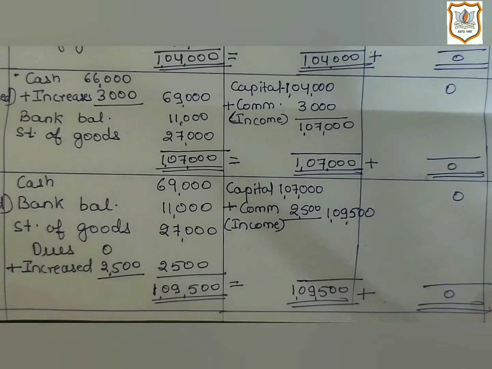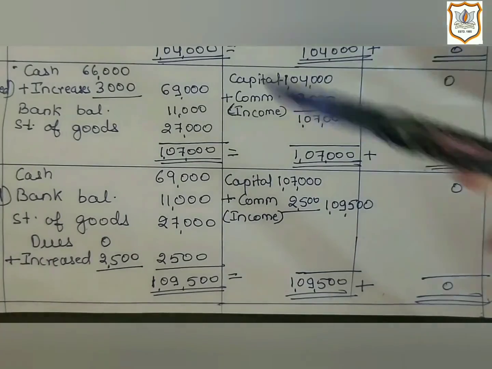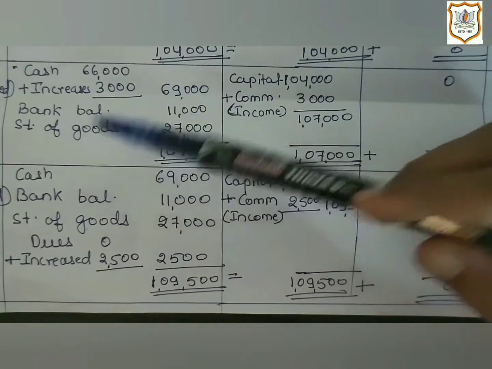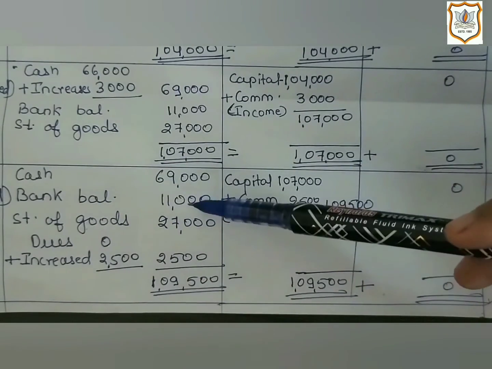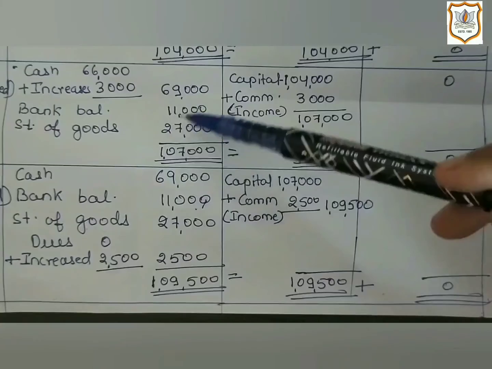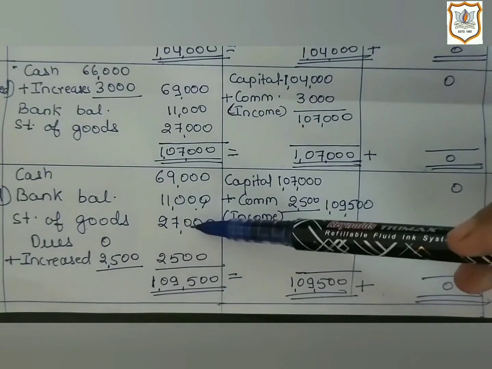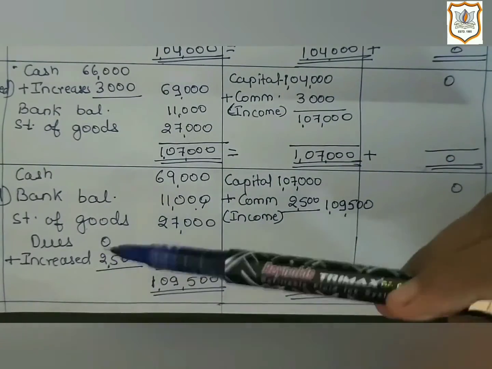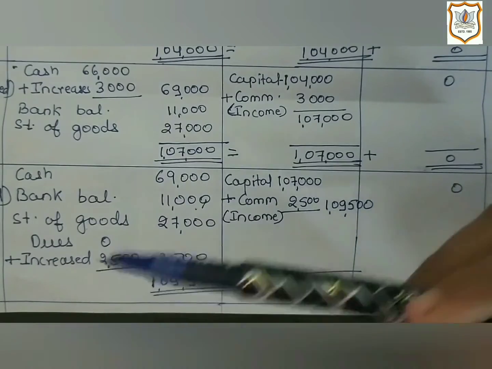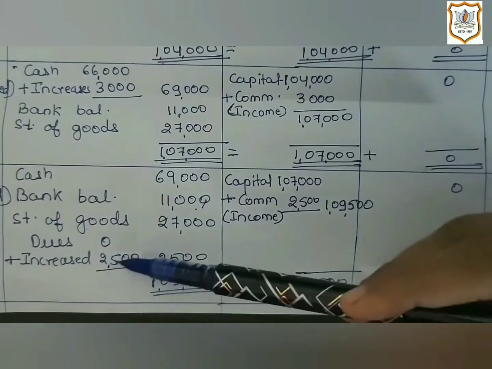Outstanding commission means commission is yet to be received. So receivable income is our asset. So here cash will remain the same at 69,000. Bank balance would remain the same at 11,000 as it was earlier. Then stock of goods would remain the same at 27,000 as it was in the previous column. Now here another form of asset is created, that is receivable income.